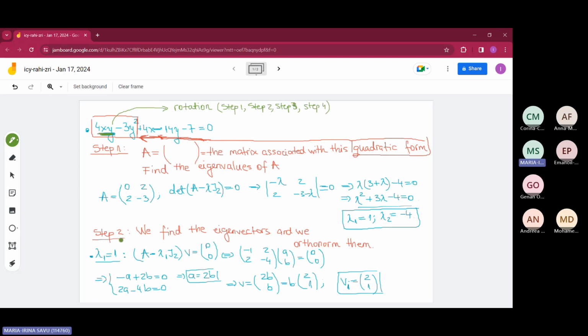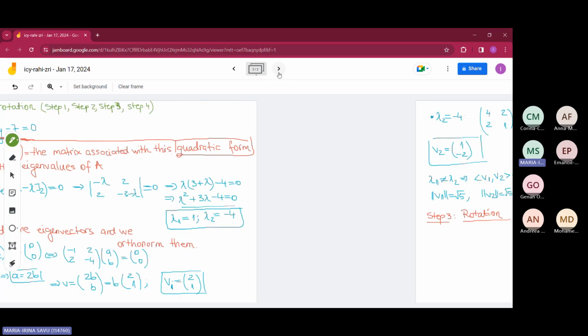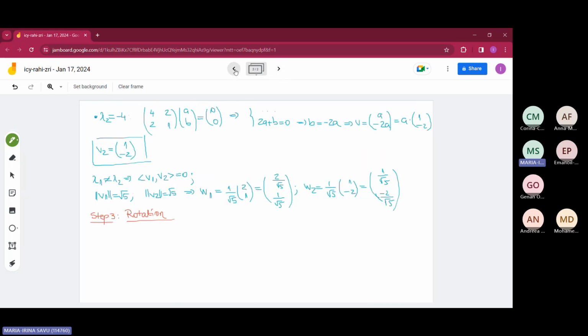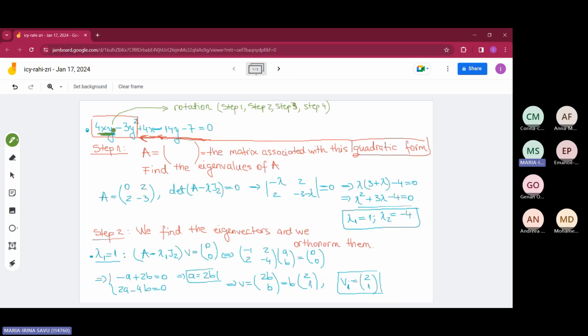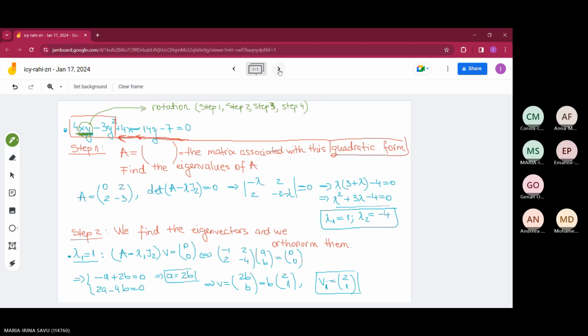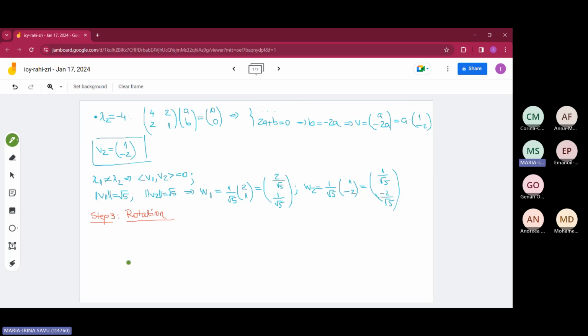Because step 1 and step 2 help you to find the rotation in step 3. So if this term appears, you have to find the steps which were mentioned. But if you don't have this xy term, you will go directly to step 5, which means the translation.